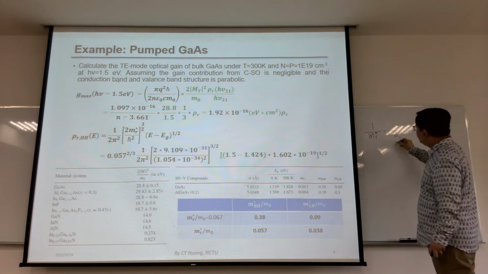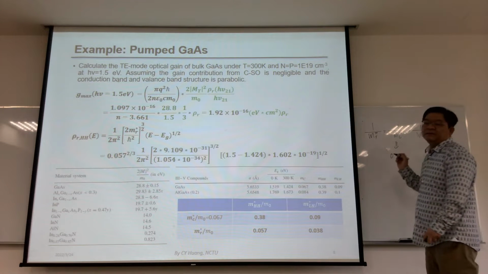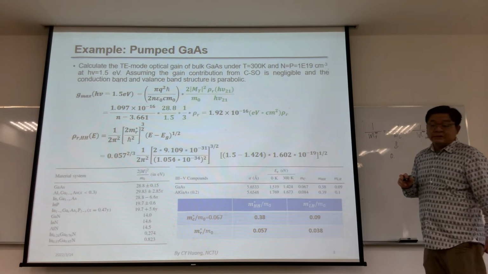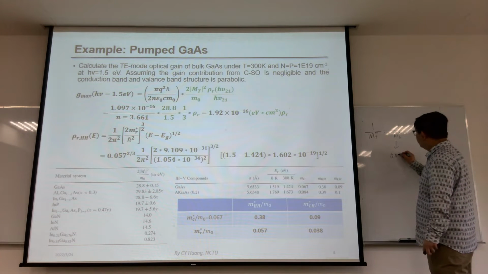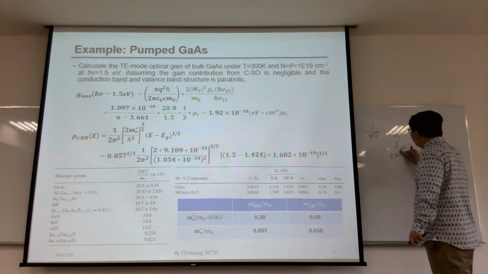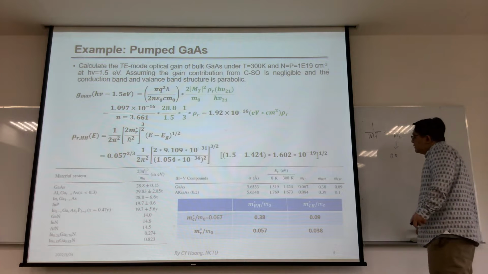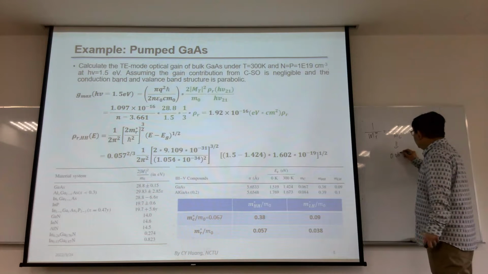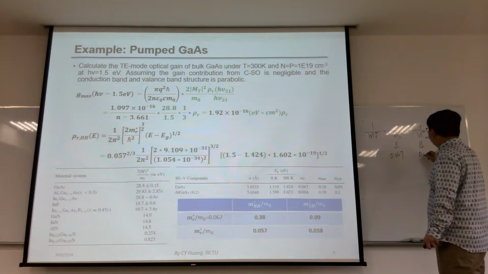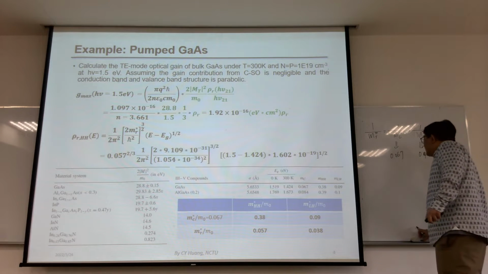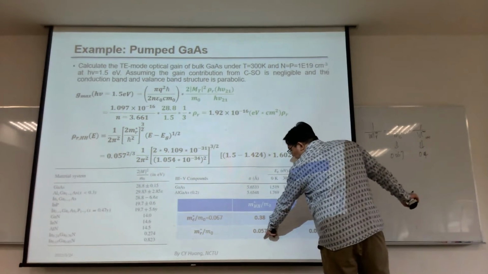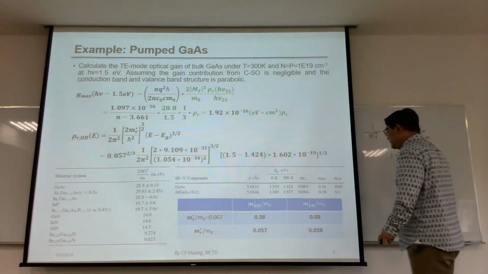And m_c is the effective mass in the conduction band, 0.067. And for the heavy hole, it is 0.38.